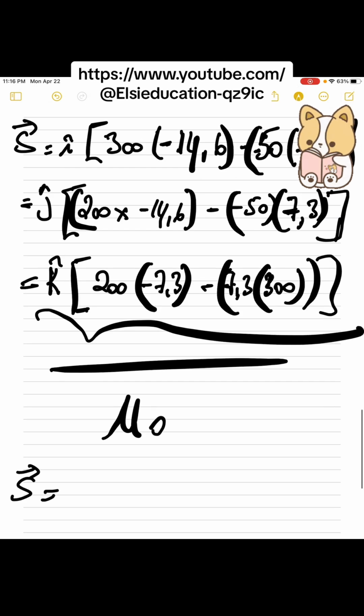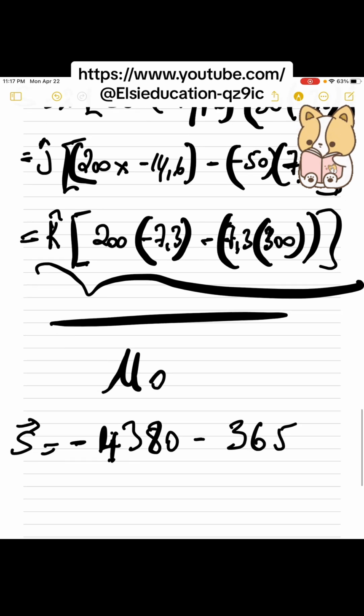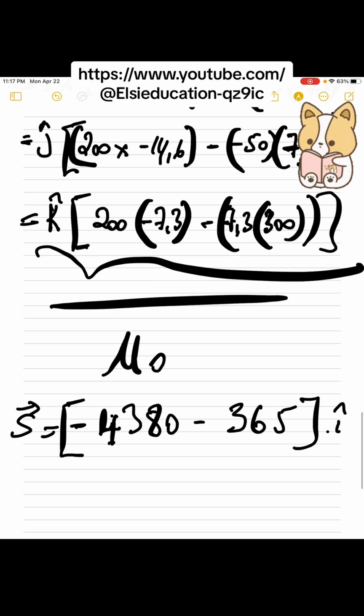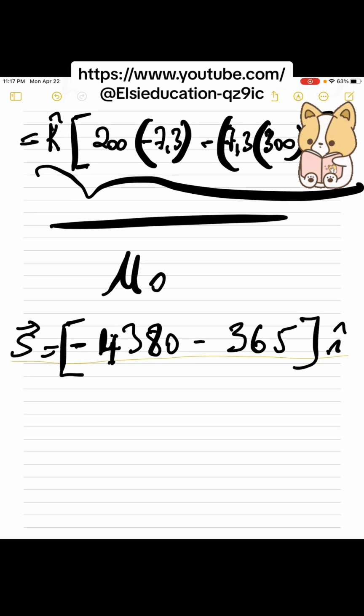So the Poynting vector is going to be equal to 300 multiplied by 14.6, which is minus 4,380, and minus 50 multiplied by 7.3, minus 365 on the i section. So minus 365.